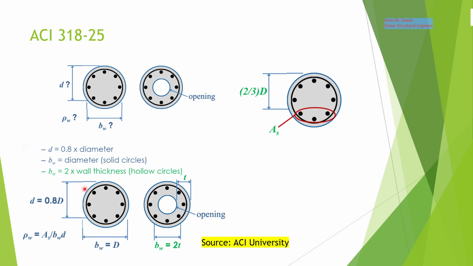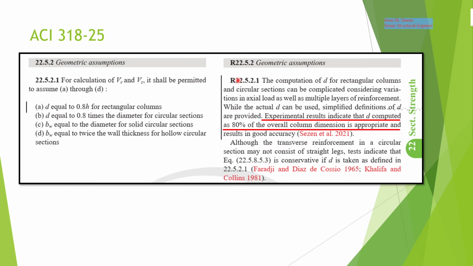If we look here, if you have a circular section, we can assume d equal to 0.8 times the diameter for circular sections, d equal to 0.8h for rectangular sections. b sub w, or the width that you will use to compute the one-way shear, is equal to the diameter for solid circular sections, or equal to twice the wall thickness for hollow circular sections.